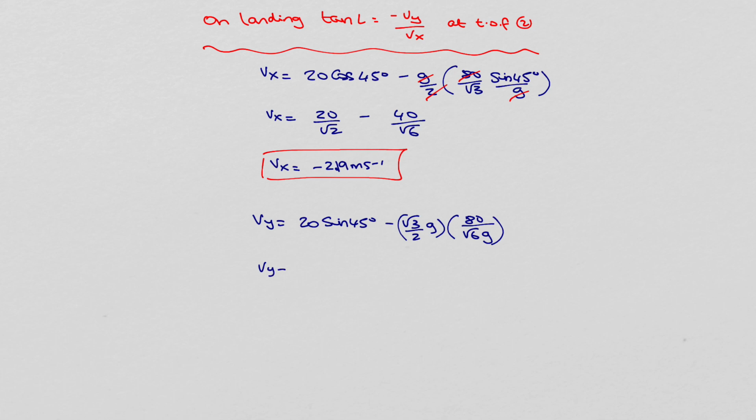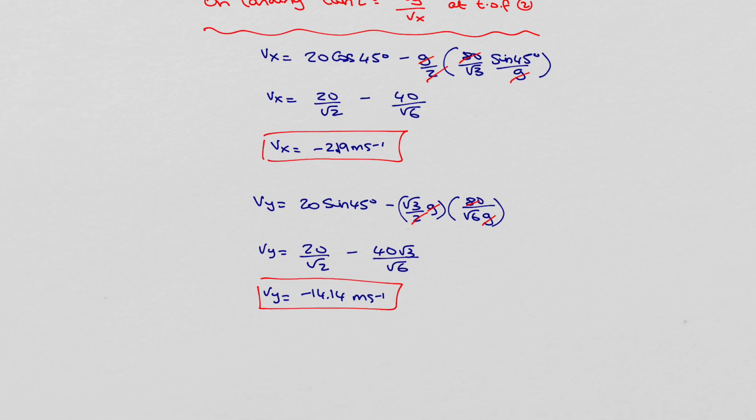Simplifying here, we have 20 over root 2, and again g will go into g once, minus 40 root 3 over root 6. That gives me minus 14.14 meters per second. So now we can see we have our velocity in the x and our velocity in the y.